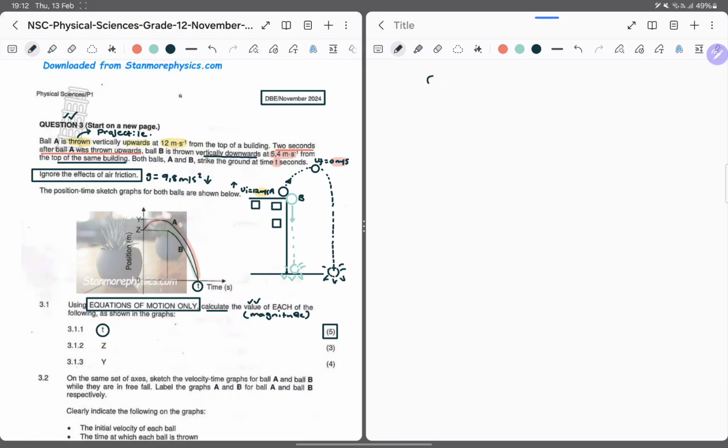Okay, let's get to question 3 nicely. Now we have 3.1. Now we need to choose a direction. So we're taking upward as positive, guys. Okay, please, this choice must be very clear.